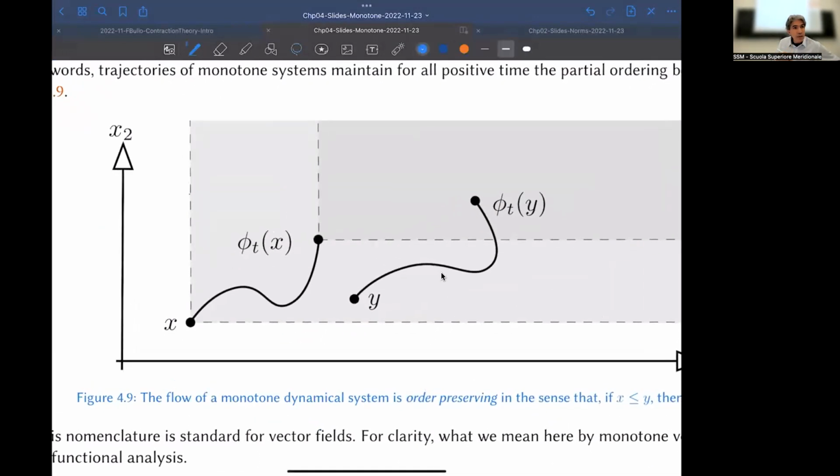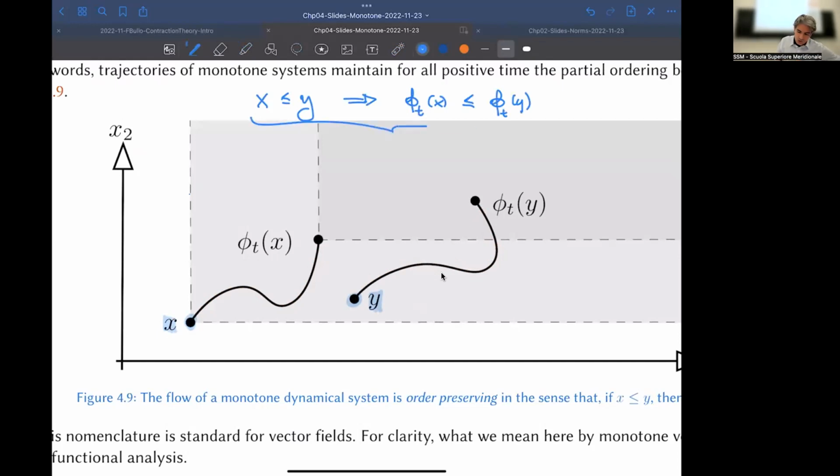If you consider 2 initial conditions, x and y, and the entry-wise condition is that y is greater than or equal to x, then the flow of the differential equation preserves that entry-wise order. So the formula is that x less than or equal to y implies the flow, the solution of the ordinary differential equation, phi t x is entry-wise less than or equal to phi t y.